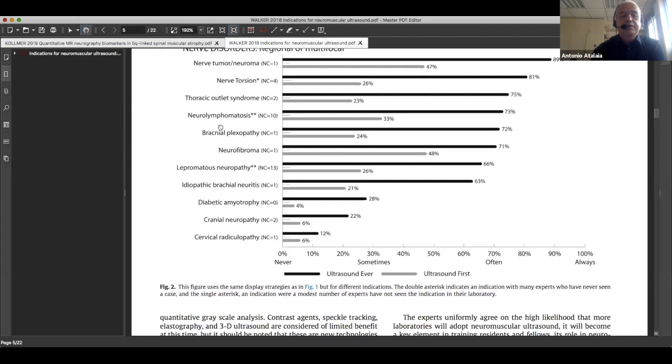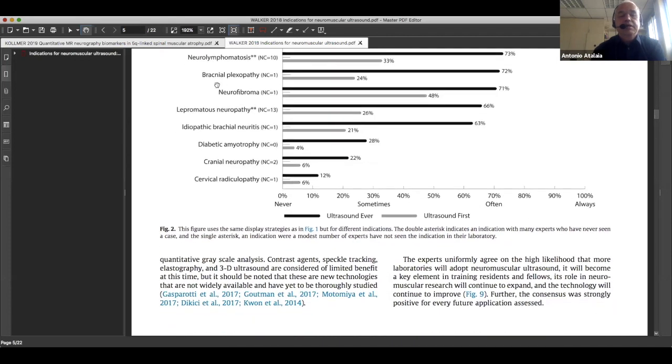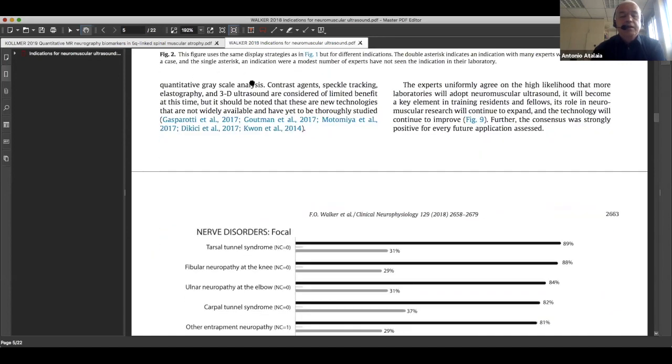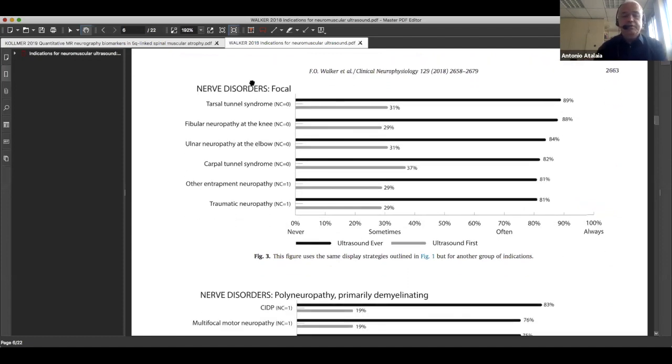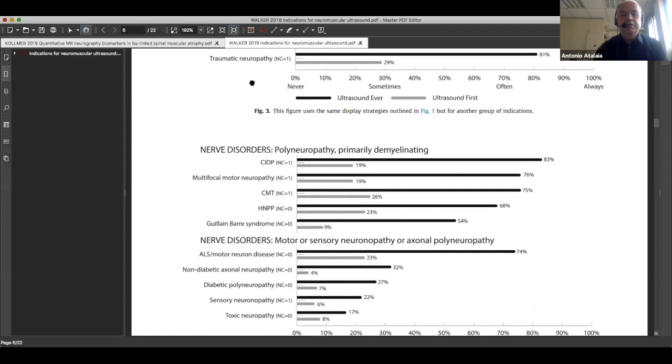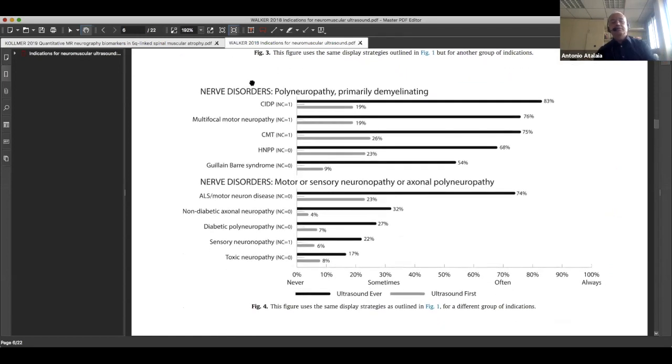And interestingly, they also use it for brachial plexopathy. And these are focal disorders, so the entrapments and things like that, which were probably one of the first applications of the ultrasound associated with the EMG, and then the polyneuropathies, where CIDP and ALS are the most represented.